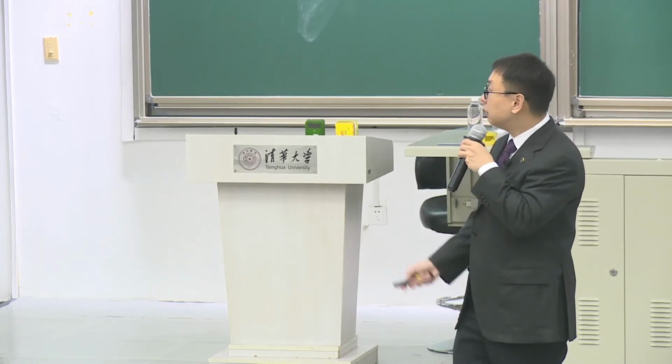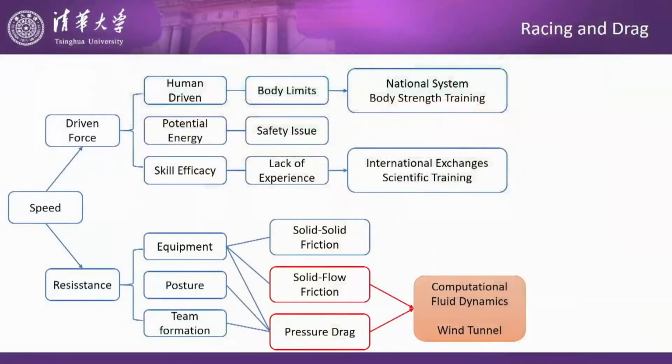All right, for the resistance. Resistance mainly comes from 3 parts. One is the equipment. Second one is posture, so how to pose yourself. And the third is team formation. All right. The first one, equipment, contains a special one as solid-to-solid friction, like skate and ice. And the other 2 are mainly solid-flow friction: solid-liquid, solid-gas, and it's flow phase.